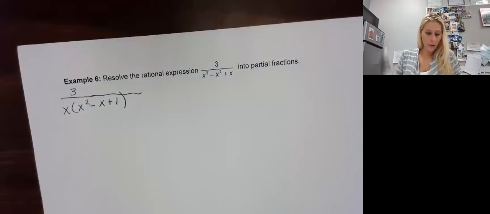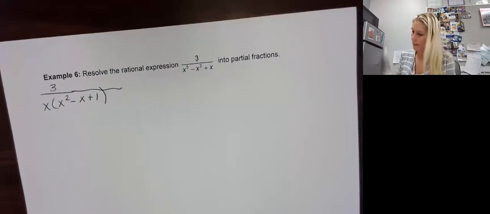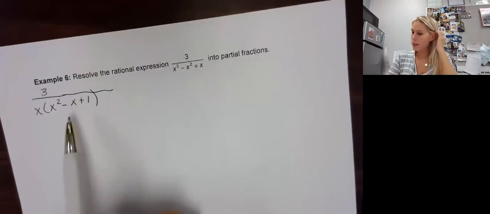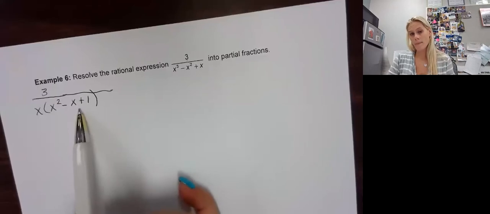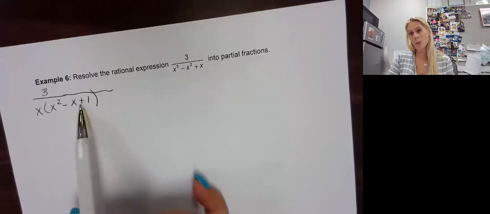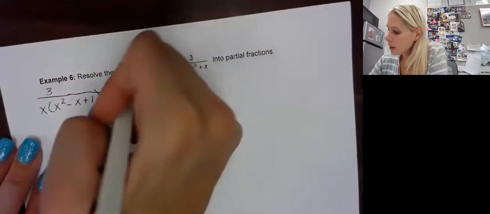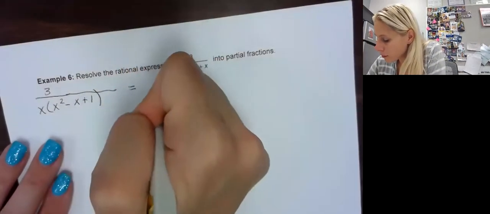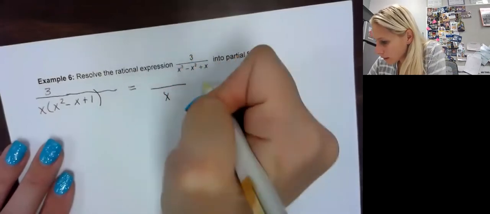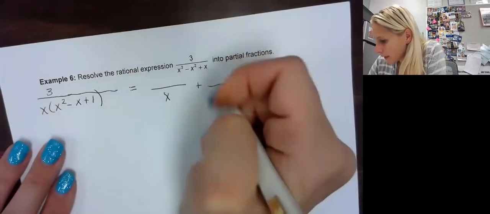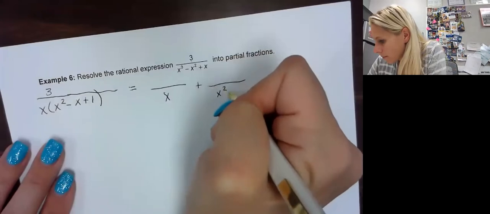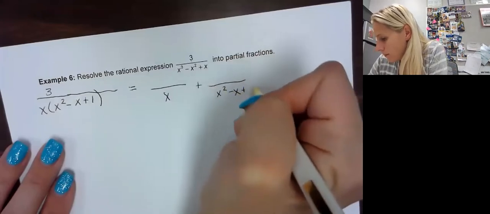In this case, though, this cannot be broken up anymore, right? There is nothing that multiplies to give you 1 but adds to give you negative 1. So when we split this up, we see the two factors. We see x, and we see x squared minus x plus 1.